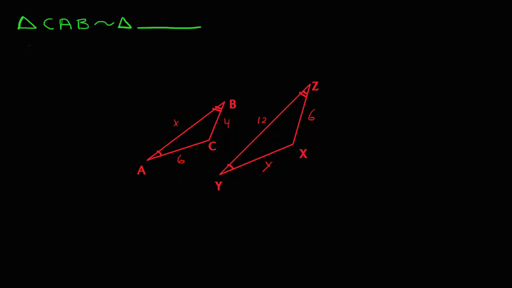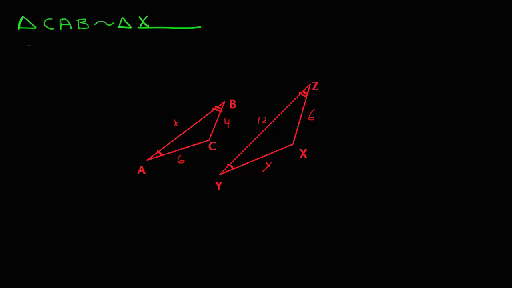proper order. Angle C in the small triangle is listed first, and it has no congruency marks attached to it. Therefore, angle C will correspond to the angle that also has no congruency marks in the other triangle, angle X. And since C is listed first, angle X must be listed first in our similarity statement.